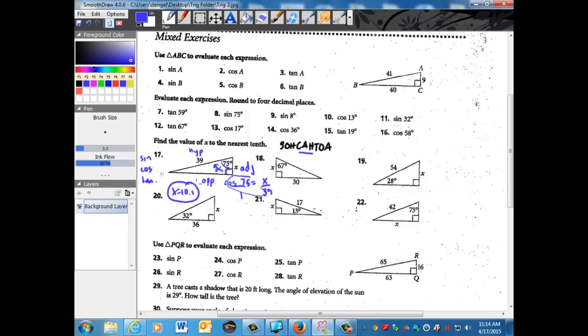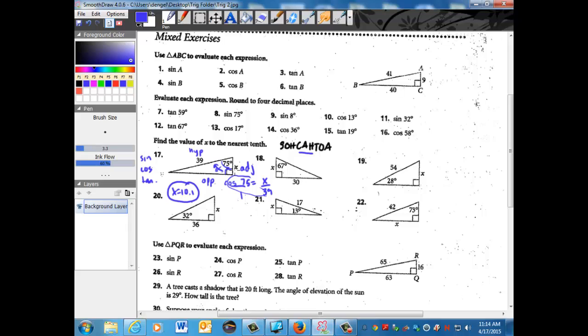Now, one thing that we should always do is do a quick check to make sure that this answer makes sense. If this length is 39, will it make sense that we solved for x and we found that this height was 10.1? Yes, that makes sense. Sometimes these shapes aren't drawn to scale, and so that little check won't work.